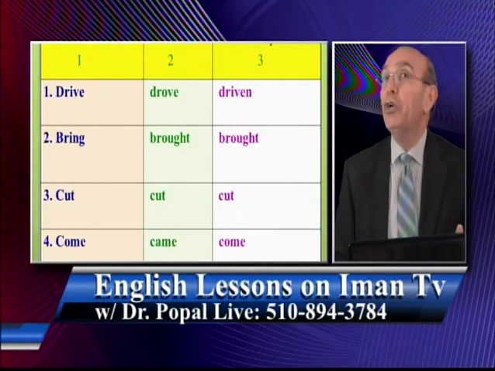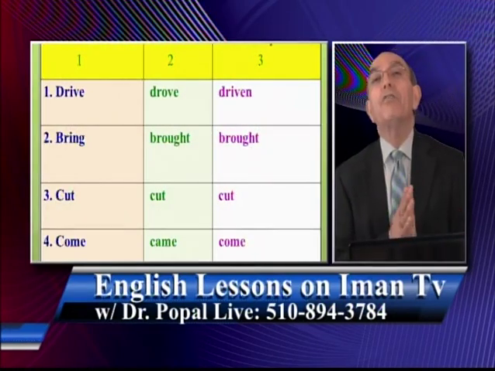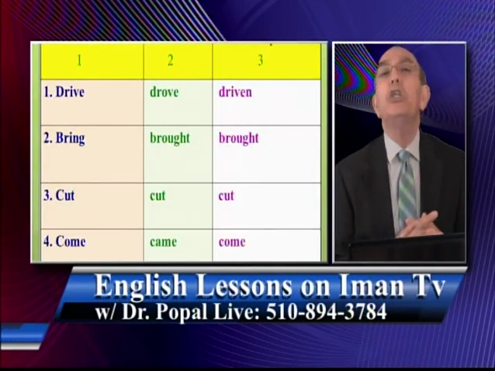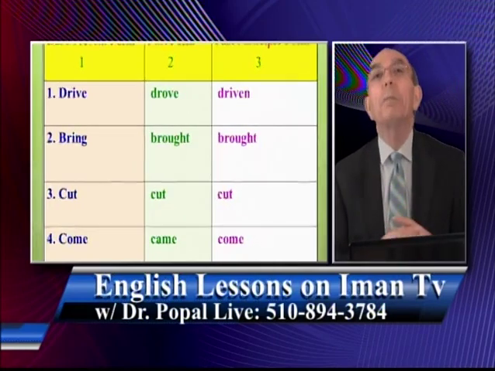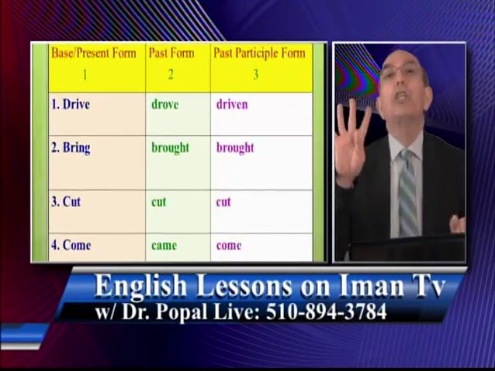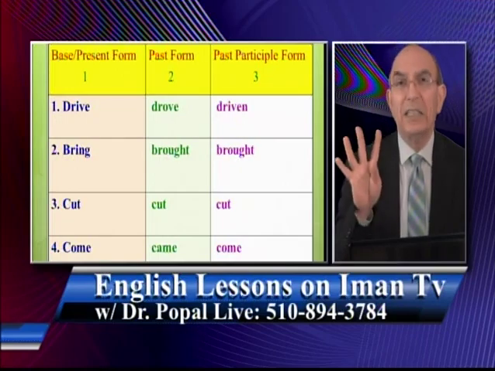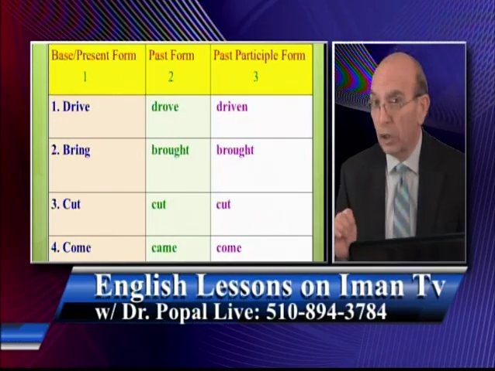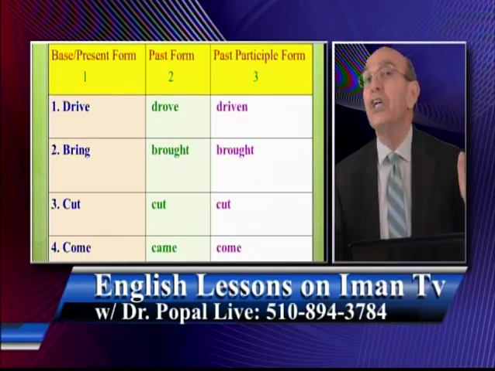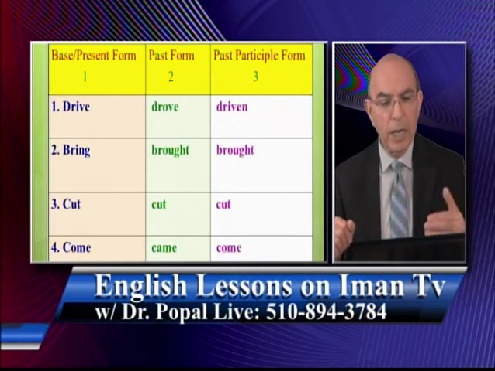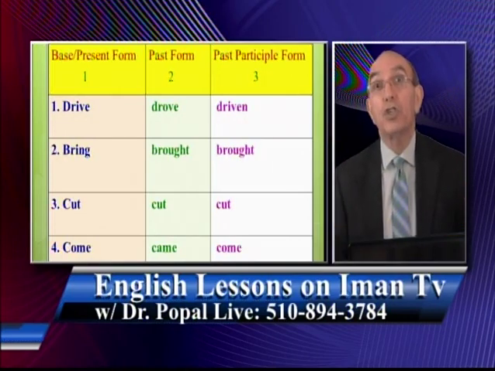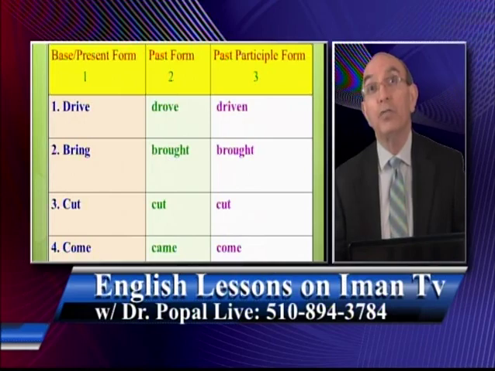And then we had irregular verbs. Those irregular verbs are what? The verbs that do not take ed, but their form changes. And there were 4 different kinds of irregular verbs. Like the first 3 are different: drive, drove, driven.